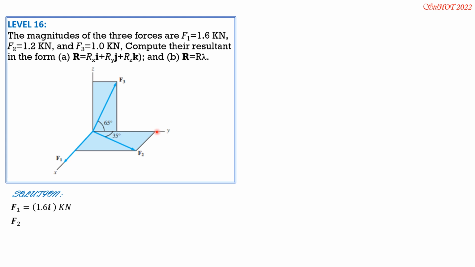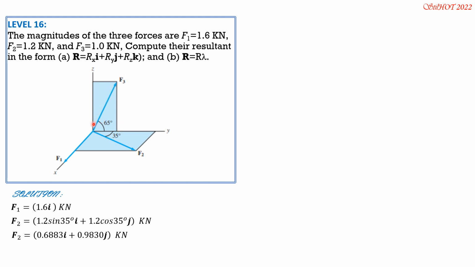This is Fx of F2. Then this is Fy of F2, the y component of F2, 1.2 cosine of 35 j. In decimal, F2 is 0.6883i plus 0.9830j kilonewtons.